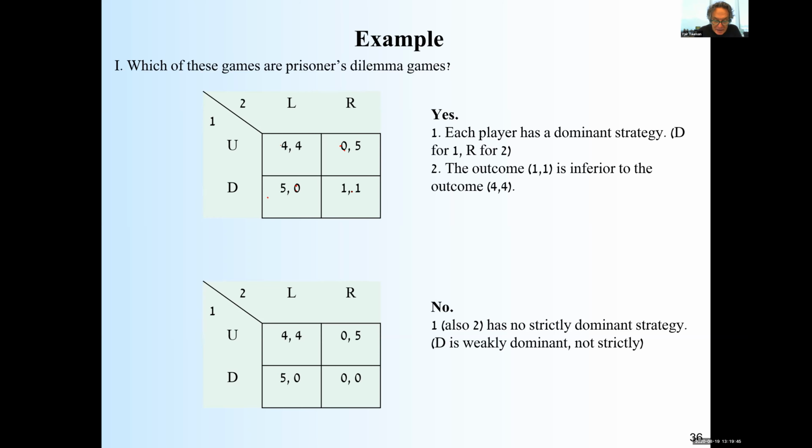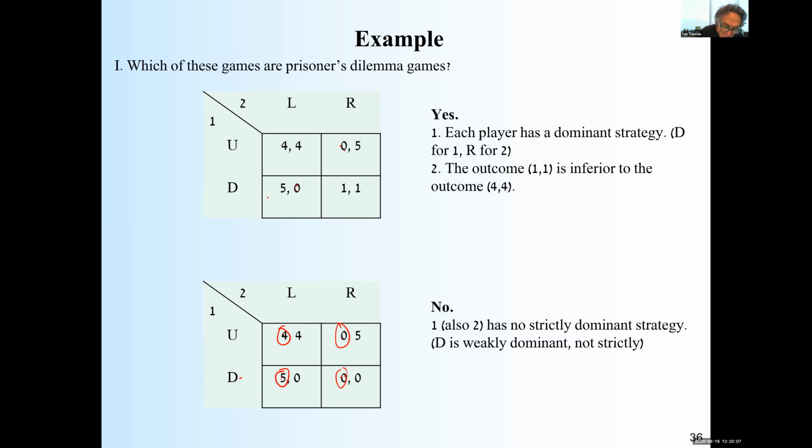We can see that actually, no player has a strictly dominant strategy. Look, down for player 1: 5 is more than 4, but 0 is equal to 0. In this case, we call it a weakly dominant strategy. Why weakly? Because here I have indifference, 0 and 0.